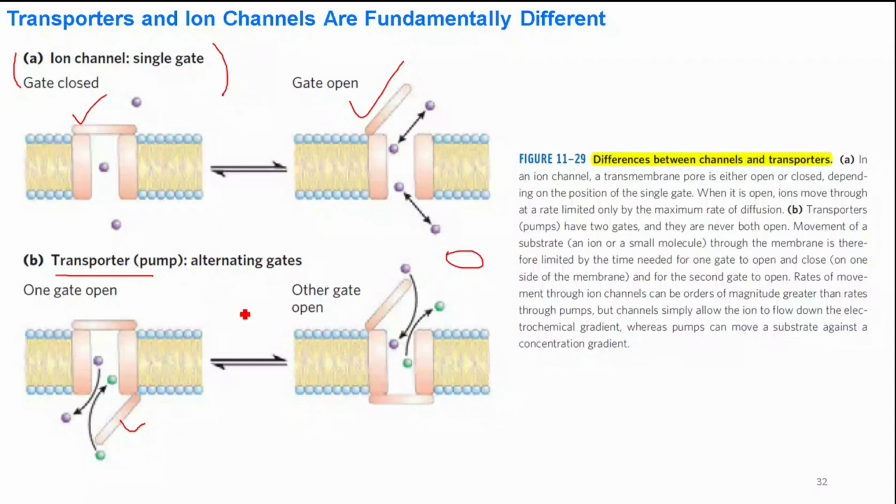So the transporters control the transportation throughout the path until the molecules are inside. But ion channels have only simple open or close control. They do not have very fine control, but the transporters do have fine control, with two gates.